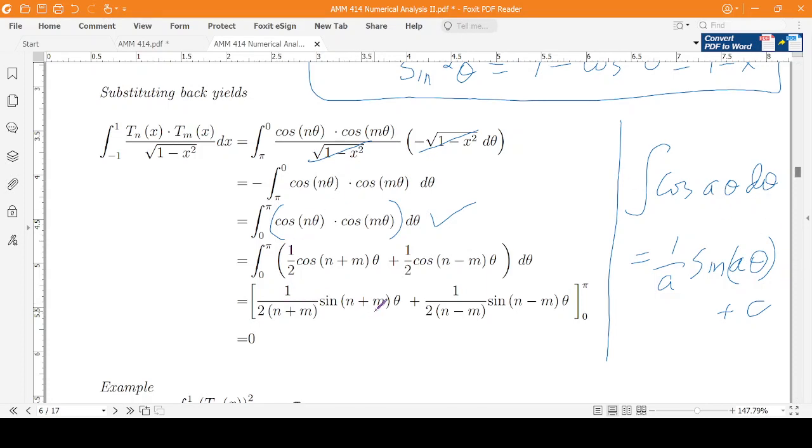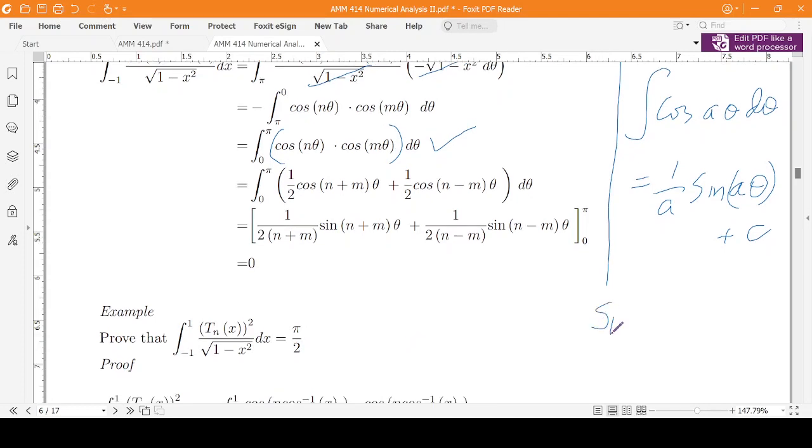So we get this. And remember, n and m are integers, so m plus n is an integer. Whenever we put theta is equals to pi, sine of k pi, whenever k is an integer, we get 0. Also, sine of 0 is also 0. So when we put the upper or the lower limits, we get 0. So the integral is 0.